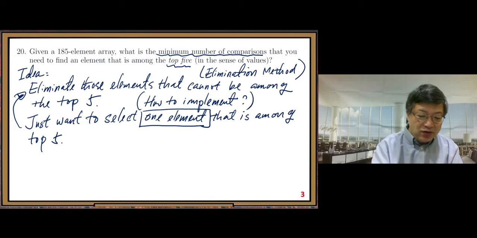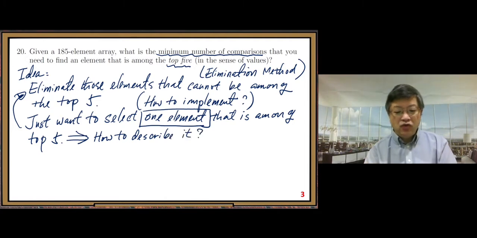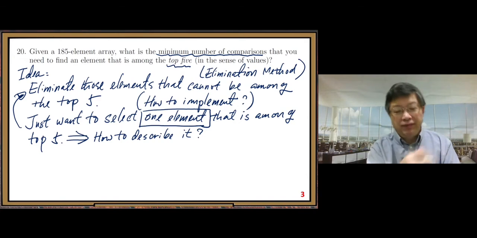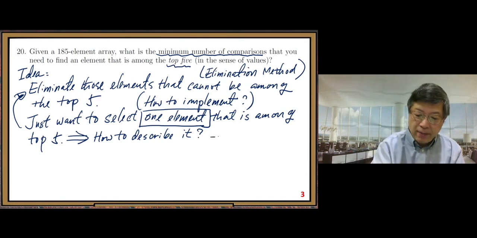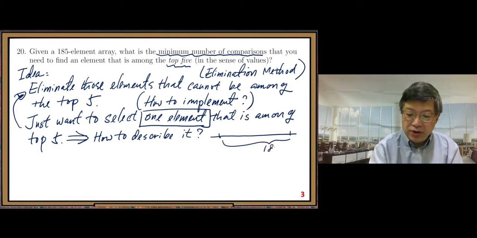The question is how to describe it. How do you describe an element that is among the top 5? Here, let me draw a diagram. 185 elements.